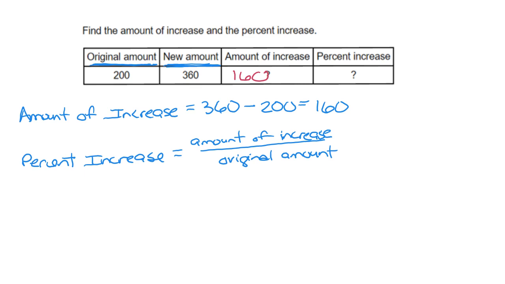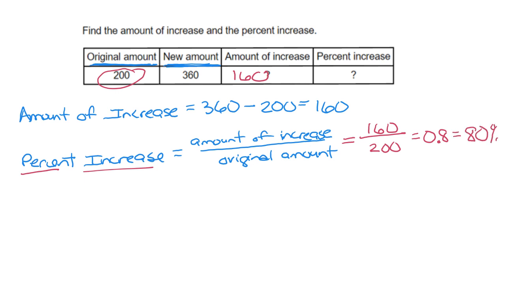So that would give us 160. If I insert my values, 160 divided by the original amount, which is the 200. 160 divided by 200, and again, if you place this in your calculator or do your long division, you're going to get .8. Once again, this is a percent increase, so you need to change this to a percent, which makes it 80%. So the percent increase is 80%.